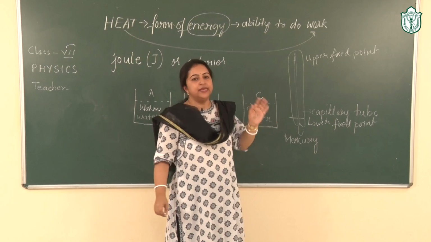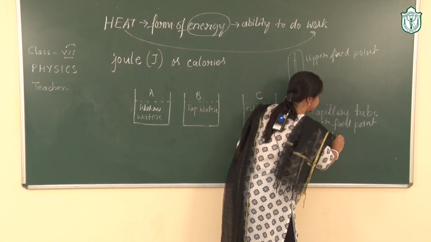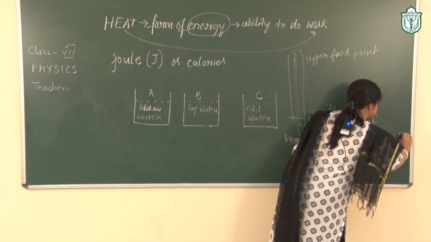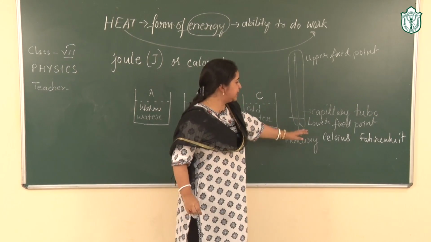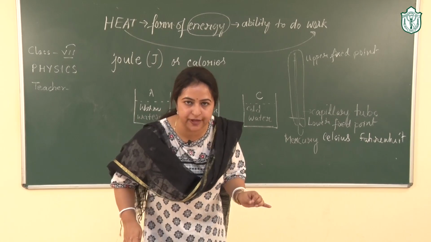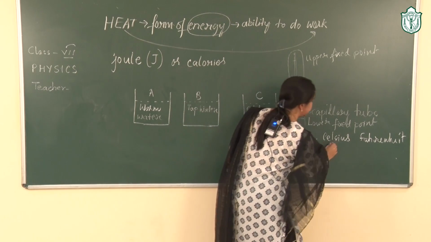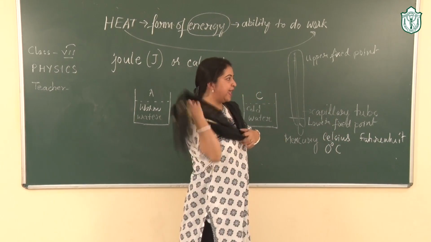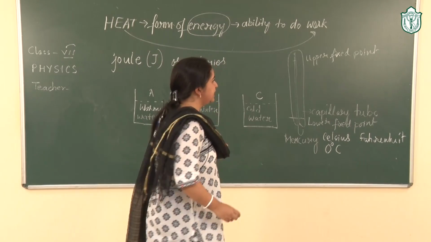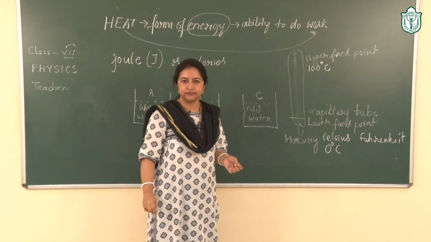Okay. Now, the scales of temperature that we'll use are the Celsius scale and the Fahrenheit scale. In the Celsius scale, the lower fixed point, which is the melting point of ice, is taken as 0 degree Celsius, and the upper fixed point, which is the boiling point of water, is taken as 100 degree Celsius.